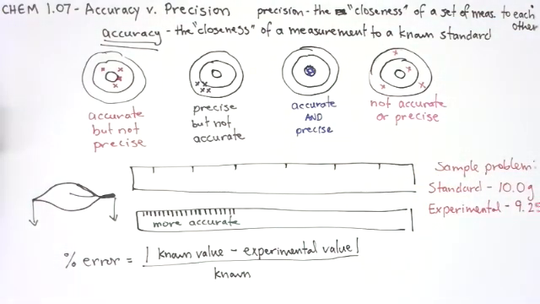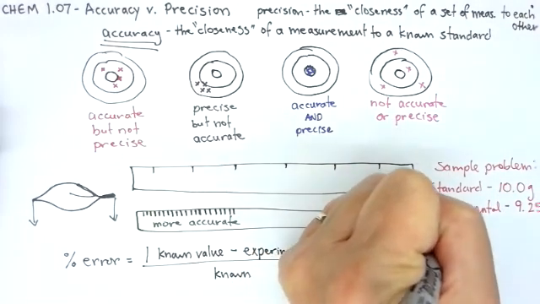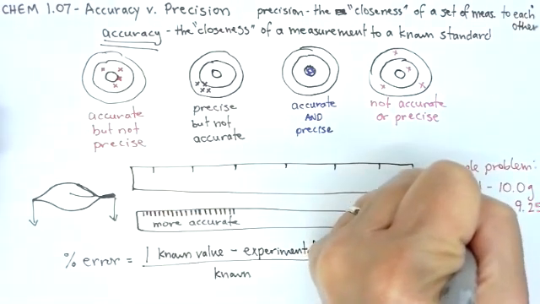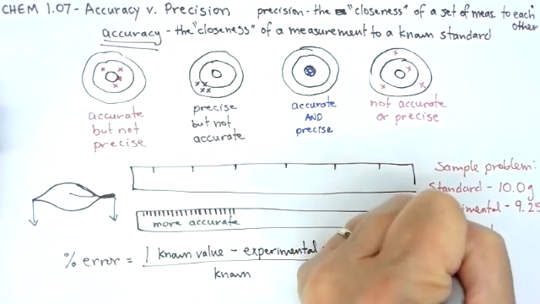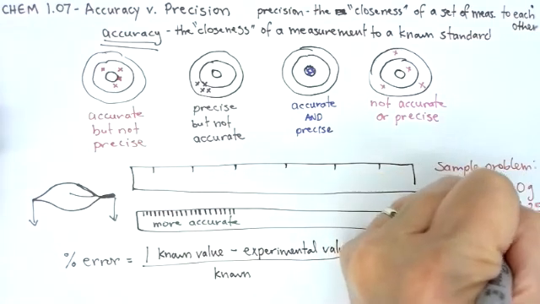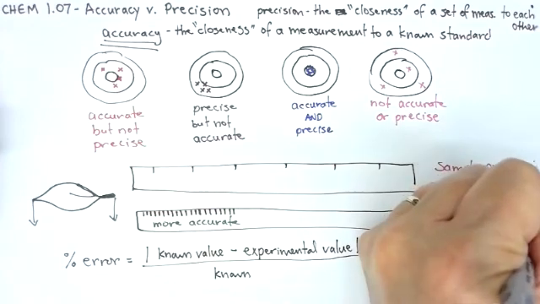If I want to solve for the percent error, I'm going to take the absolute value of 10 minus 9.25. I'm going to divide that by 10. So this is going to be 0.75 divided by 10.